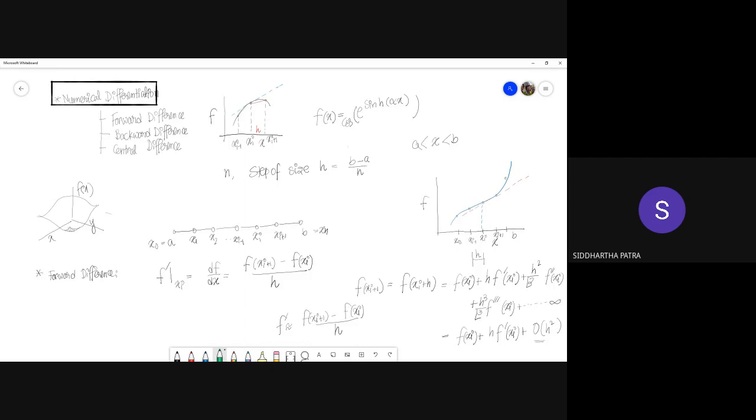Backward difference would be something like this portion. So this one is your backward difference, and this red one is your forward difference value. The blue one is your actual derivative f prime evaluated at xi.